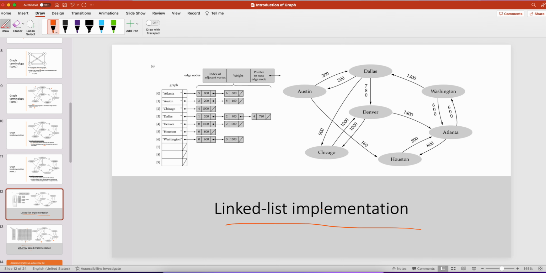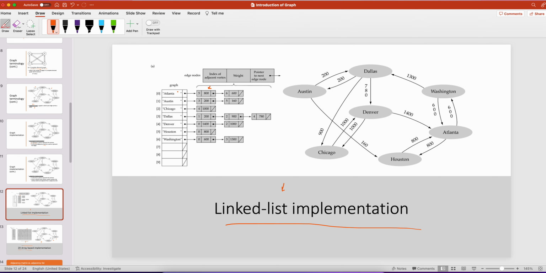It is similar with the one-dimension array. The one-dimension array is not difficult, but normally we use the two-dimension. But I can explain that to you. For example, from here, 800 is the weight. So this is the index of the adjacent vertex.